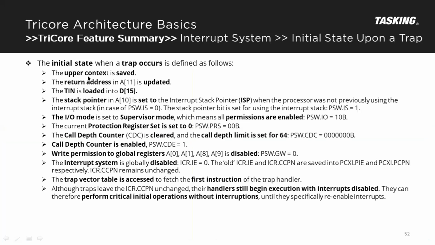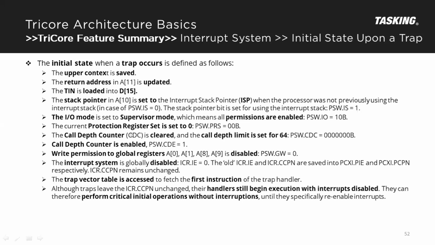So the upper context will be saved, the A11 register will be updated, the trap identification number will be loaded in this data register, and the stack pointer will be set to the interrupt stack pointer. Again, the input output mode is set to supervisor mode. The protection register is set to 0.